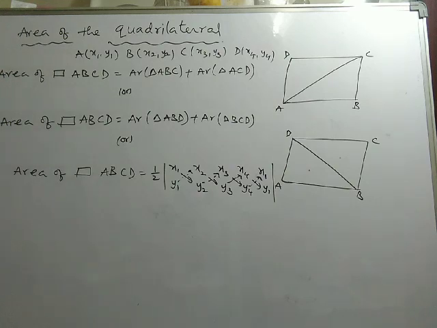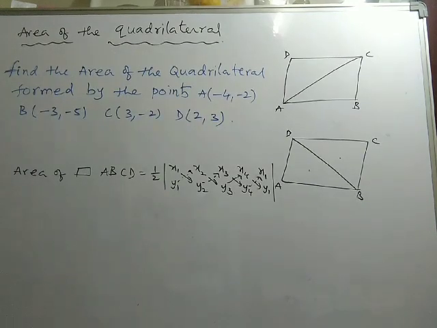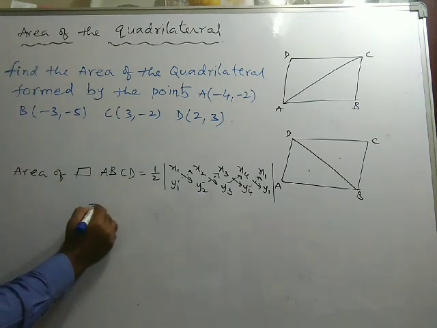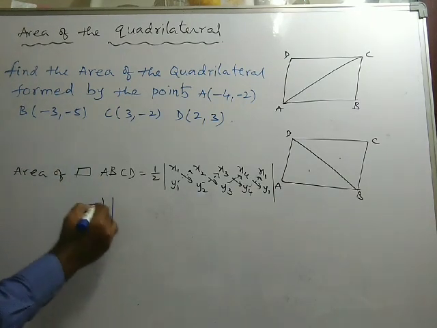Okay, so let us solve one problem so that you can understand in a better way. Look at this example problem. We need to find the area of the quadrilateral formed by the points A, B, C, D. So let us solve using this method.